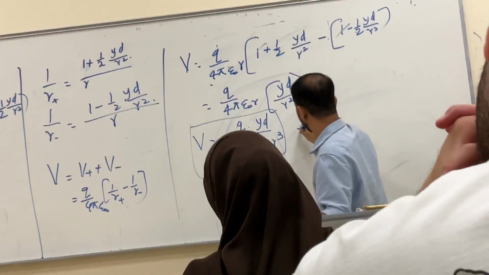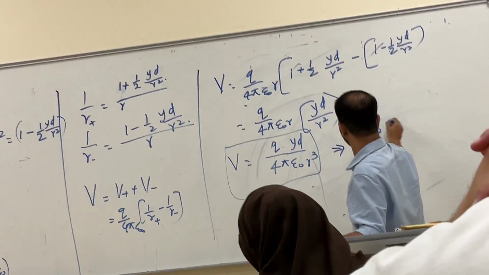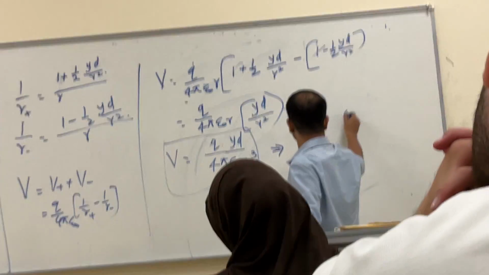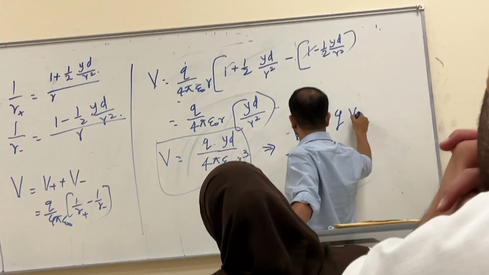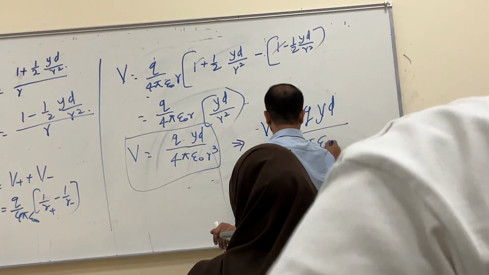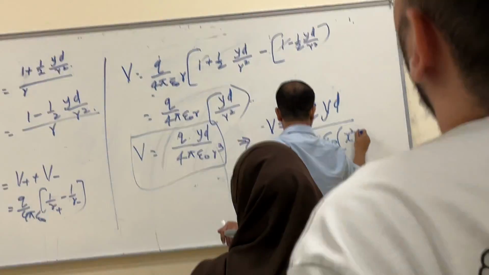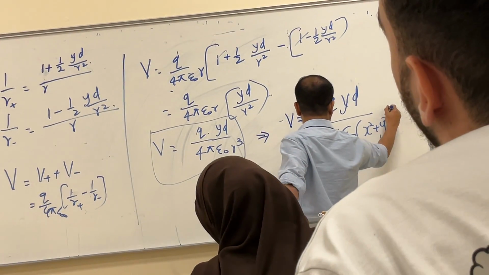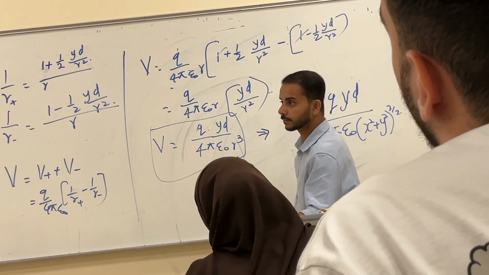So this will be V is equal to Q Y D over 4 pi epsilon 0 into x squared plus y squared to the power 3 by 2.